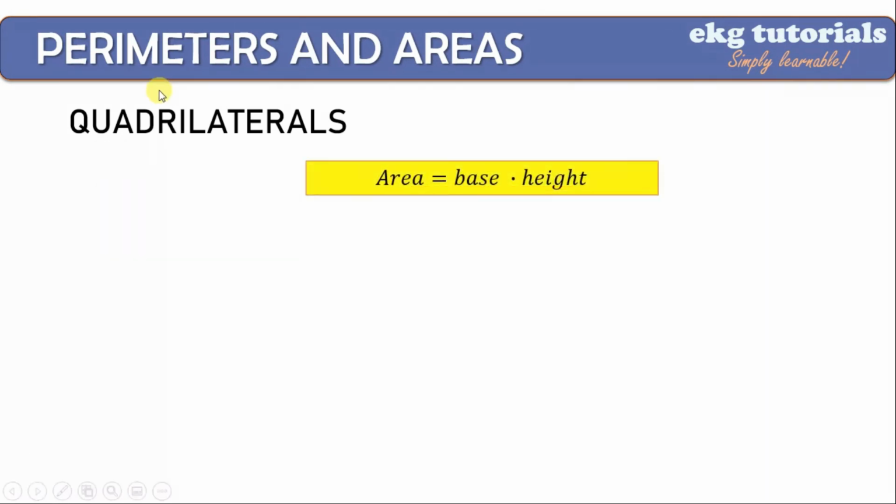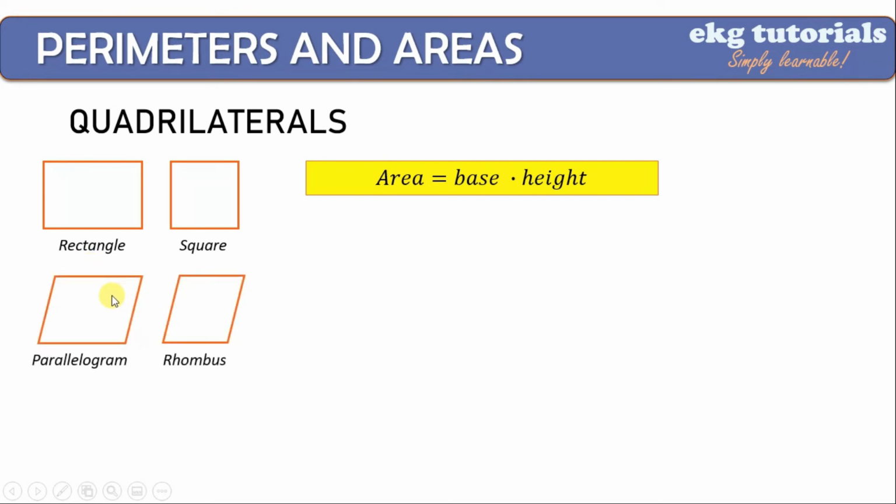For all quadrilaterals, since there are many kinds of quadrilaterals, all four-sided polygons have an area of base times height. Examples of quadrilaterals with this formula are the rectangle, square, parallelogram, and rhombus.